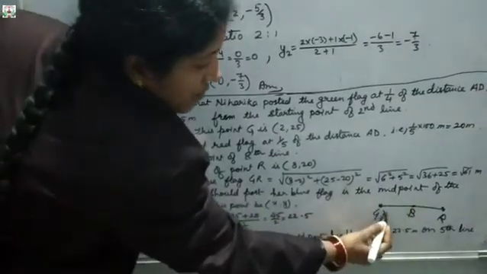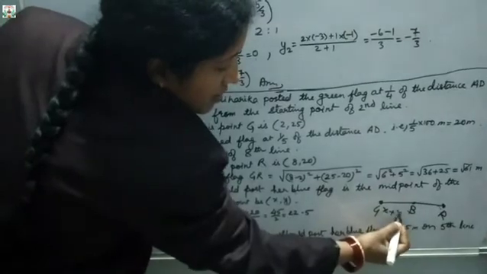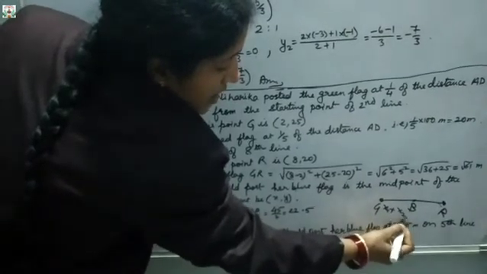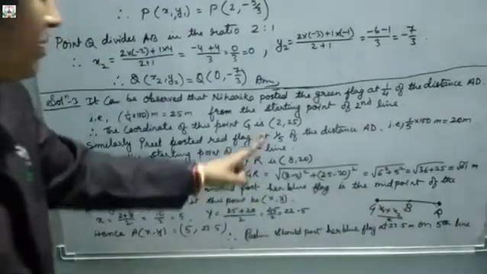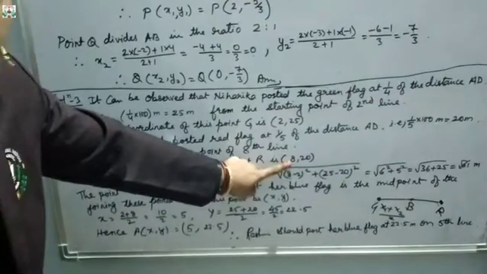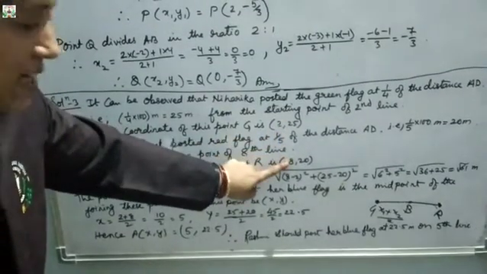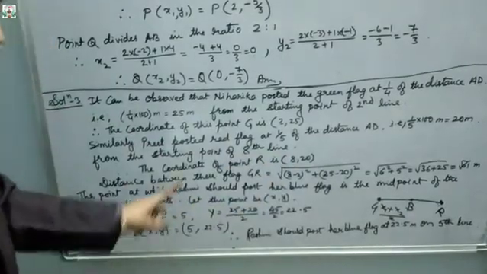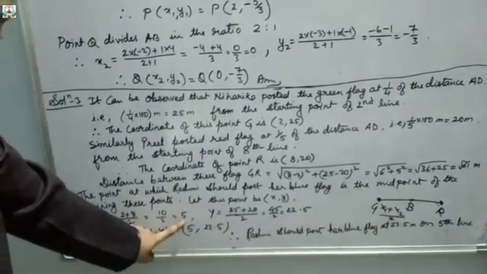That is the x coordinate of this one plus the x coordinate of this one, upon 2. So the x coordinate of the first one, G, is 2, plus the x coordinate of the second one, that is 8. So 2 plus 8 upon 2 is 10 upon 2, which equals 5.